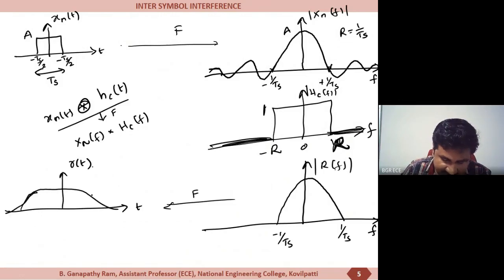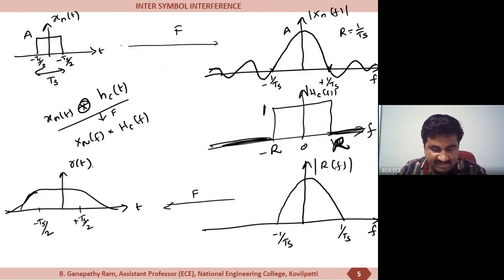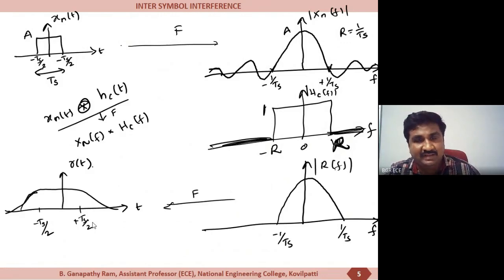Actually, it has to lie between minus Ts by 2 to Ts by 2, but the signal is expanded in the time axis also.